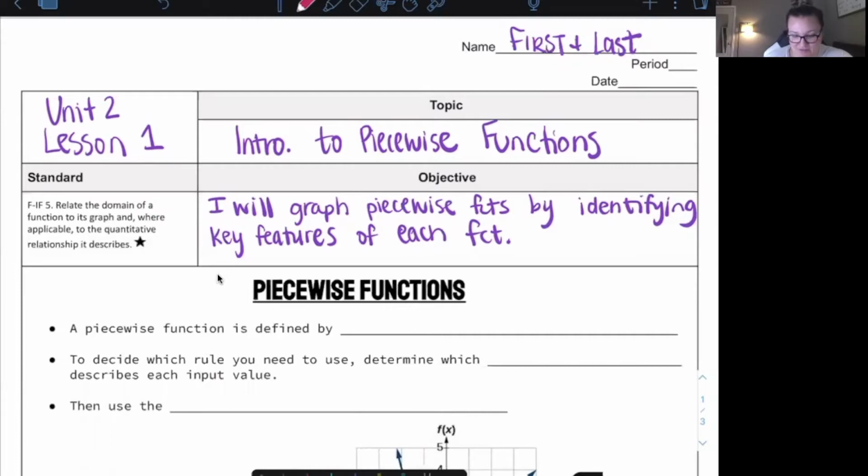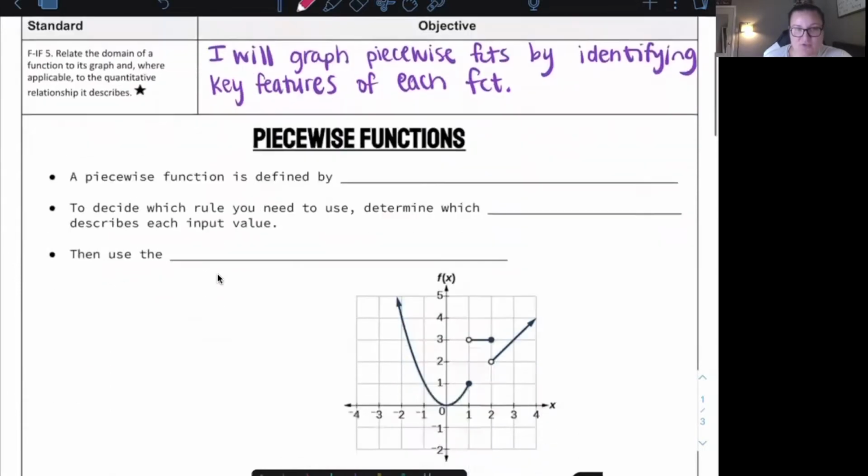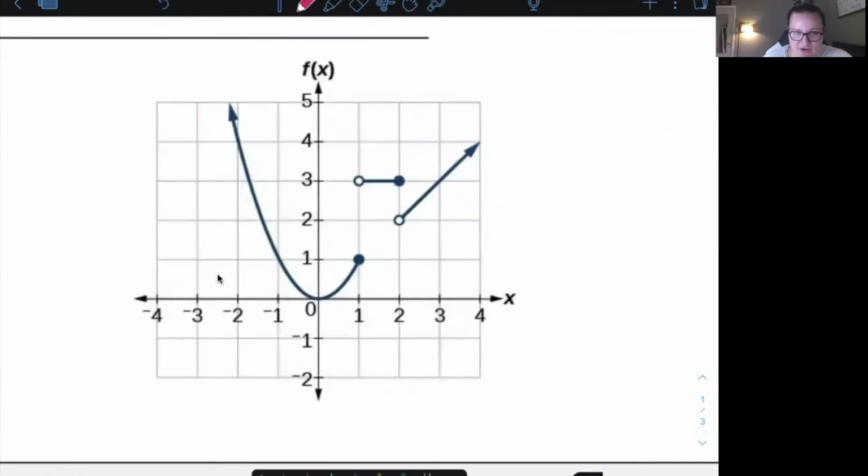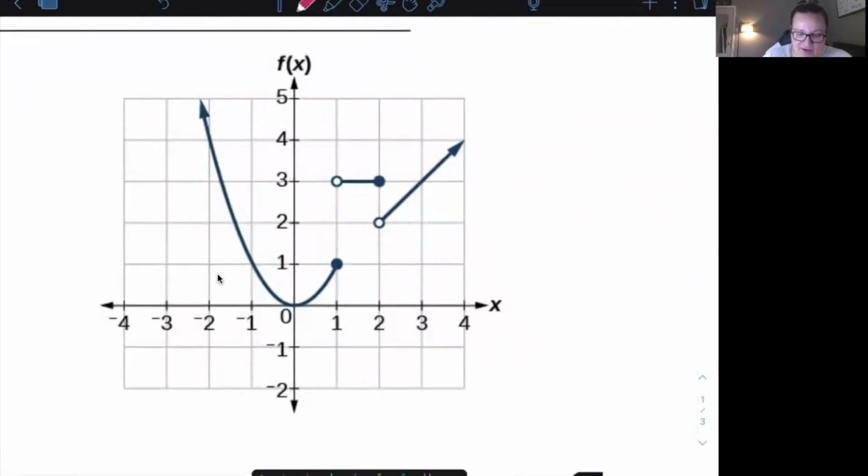All right, so let's jump right in. So what is a piecewise function? Well, a piecewise function is a function that has a whole bunch of pieces, to put it into layman's terms. So if you look at this graph right here, this is a graph of the function f of x. Well, f of x has a whole bunch of pieces, as you can see.